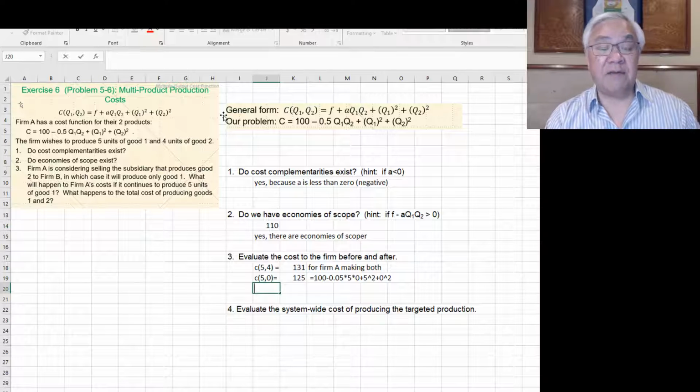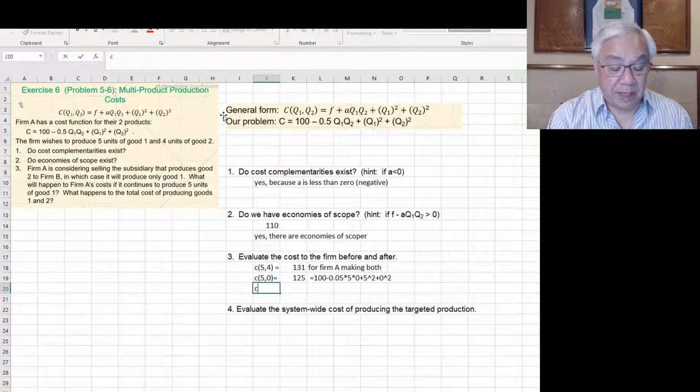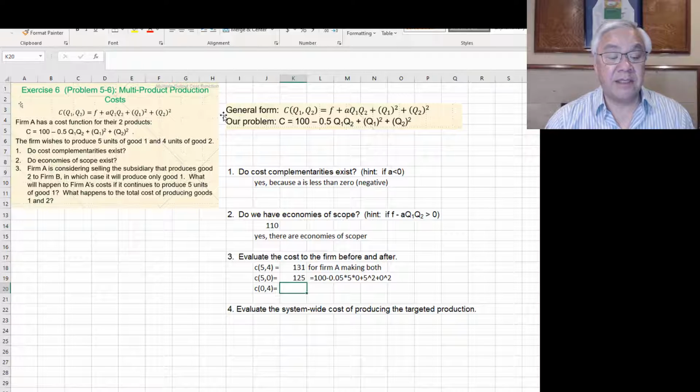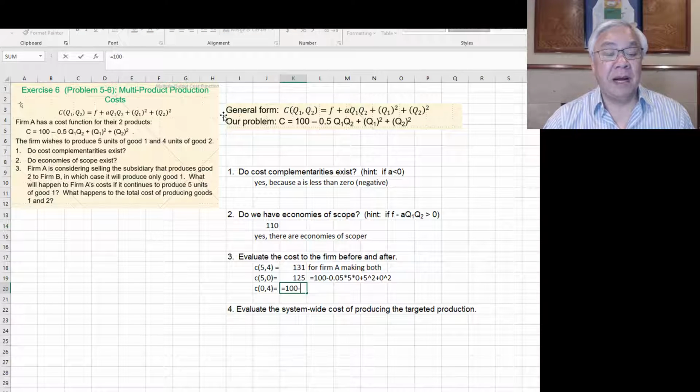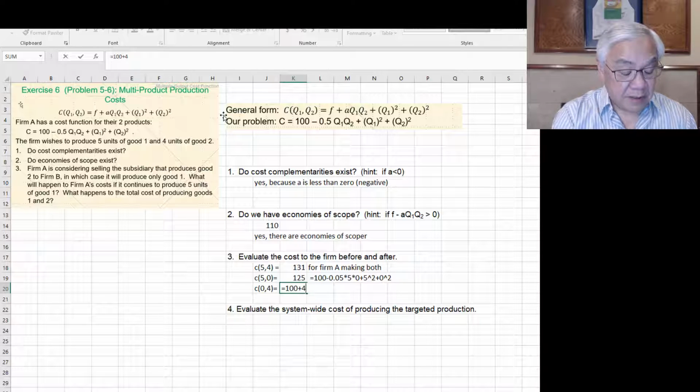What is the cost of the second firm, firm B? They're going to make 0 of product 1, and they're going to pick up and do 4 of product 2. So in their case, the cost equals 100 minus, it's going to be something multiplied times 0, so we skip that. Q1 is 0, so 0 squared, plus Q2, which is 4 squared.